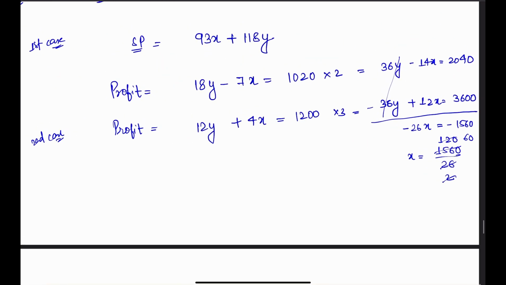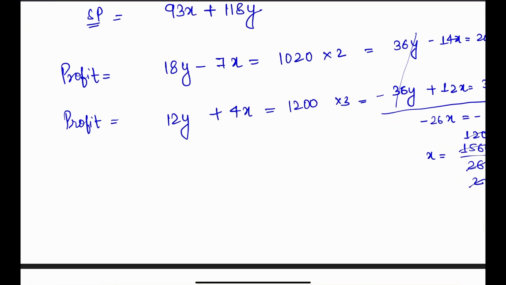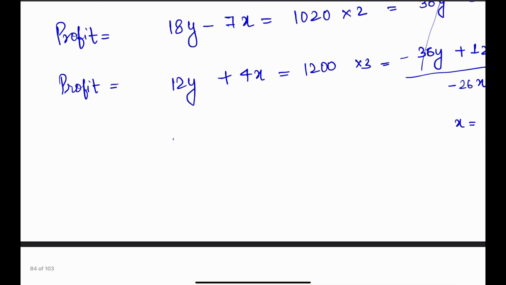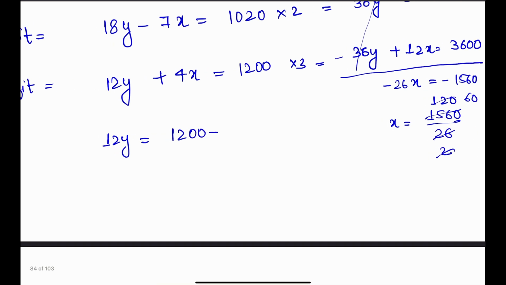So if my value of x is 60, let's put it in this equation: 12y equals 1200 minus x is 60, 16 to 4, 240. My value of y will be 100 minus 20. Yeah, I suppose.